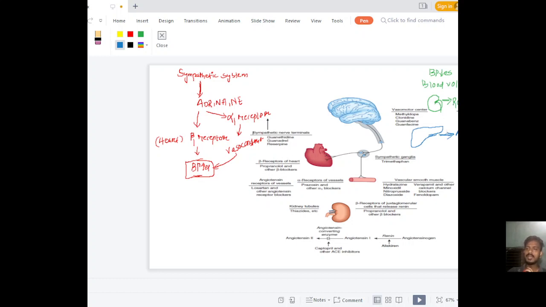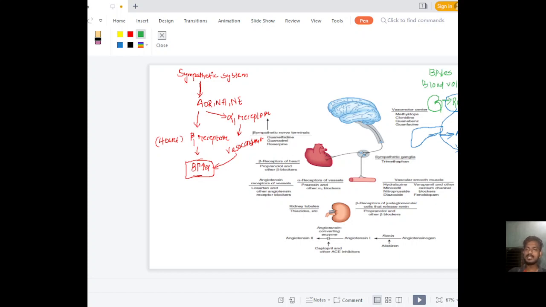What renin does is convert angiotensinogen to angiotensin 1. Now this angiotensin 1 is unstable, so it always tries to convert to its stable form, angiotensin 2, in the presence of an important enzyme, angiotensin converting enzyme. Remember, we will discuss this enzyme in detail later.